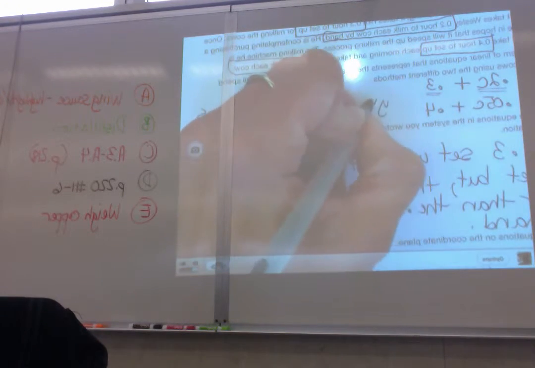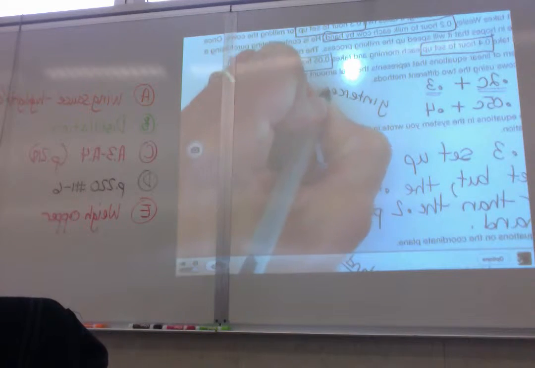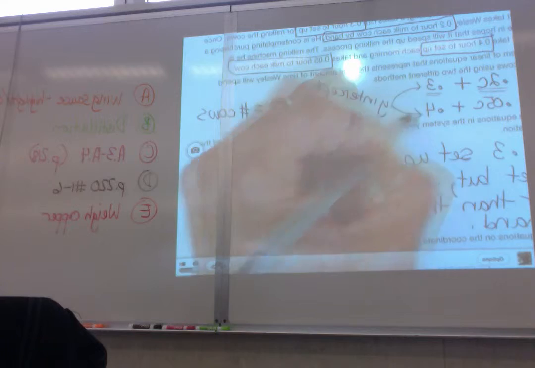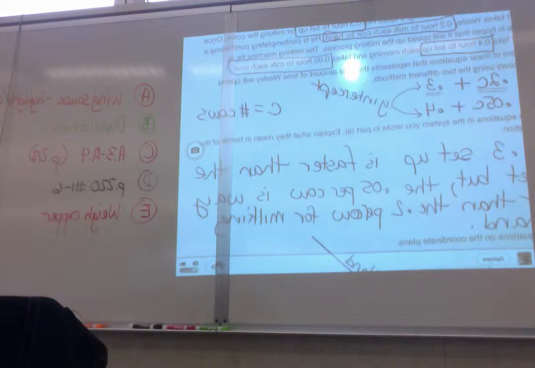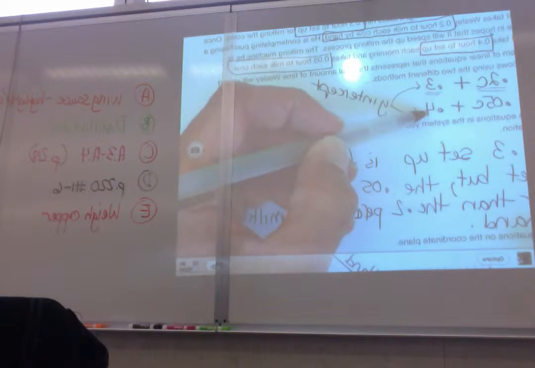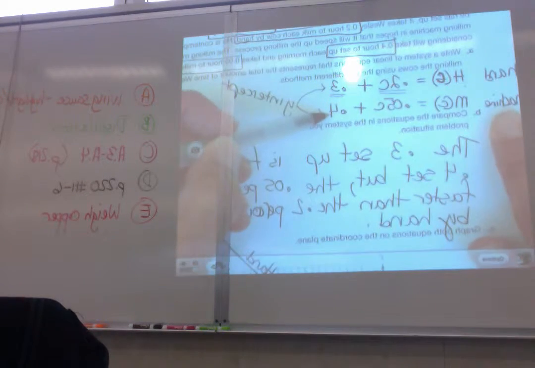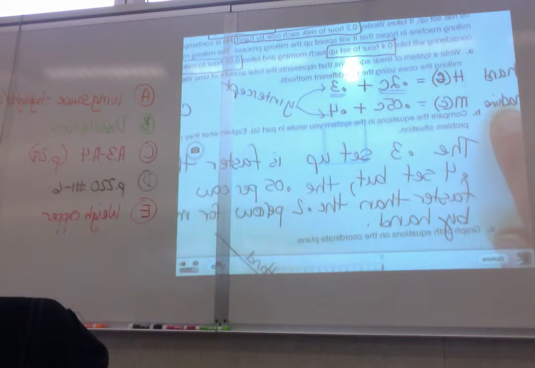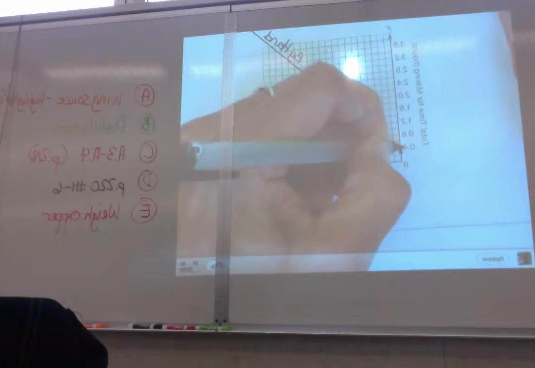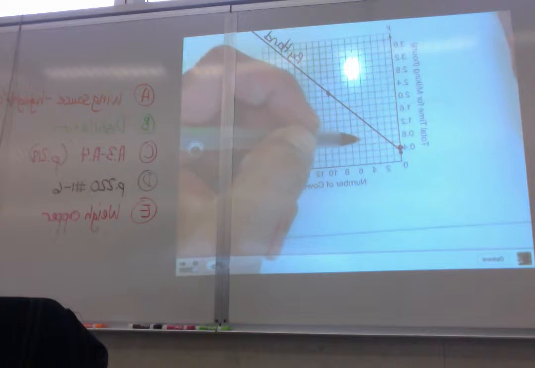Remember, y-intercept is this piece. Guillermo, y-intercept is that piece right there. So I need to graph 0.4 for my machine graph, 0.4 as a y-intercept. On the graph, it's going to be just above the first dot I made.